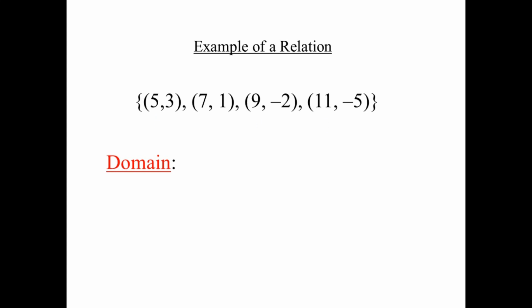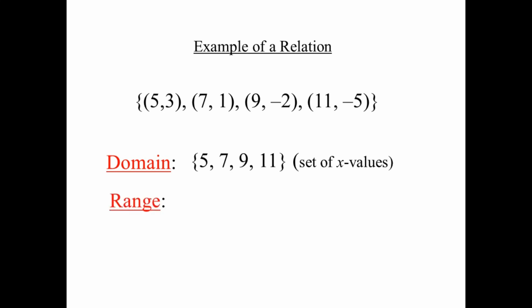So the domain are these guys, 5, 7, 9, and 11. The range is the set of second elements, or y values. These guys, 3, 1, -2, and -5. That's called the range, the second elements.